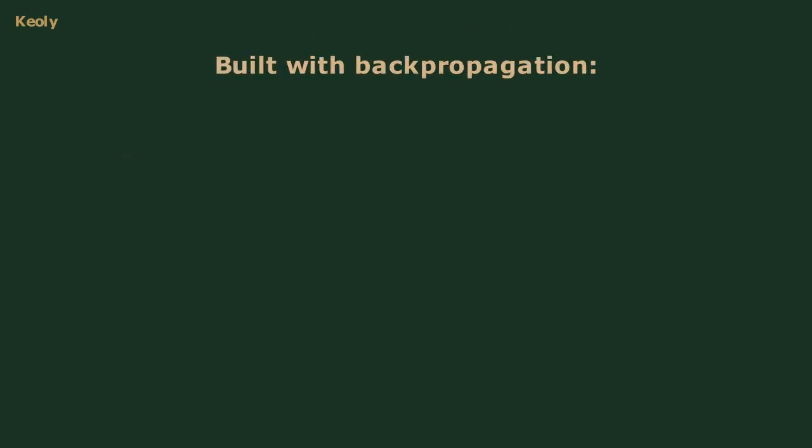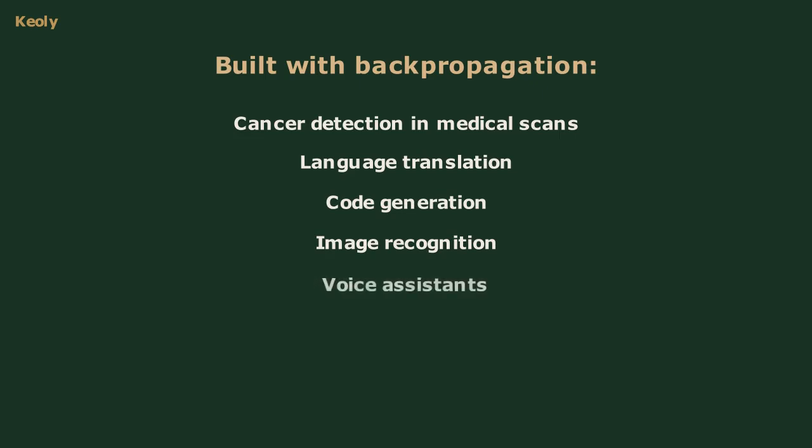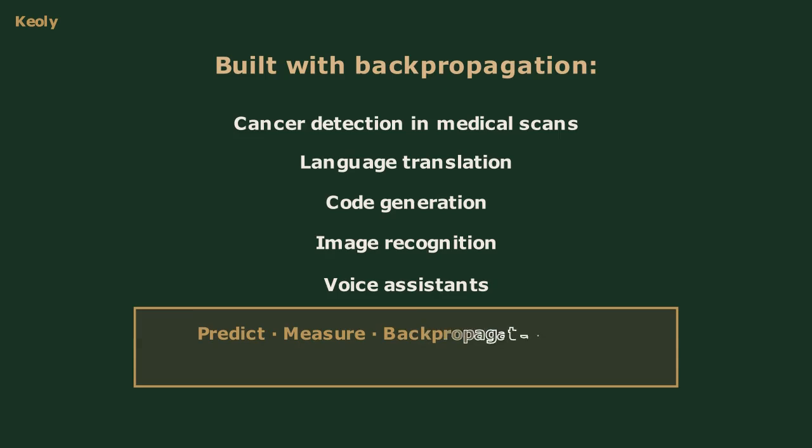Every modern AI system you use was built with some version of this algorithm. The network that detects cancer in medical scans, the model that translates between languages, the AI that writes code. All of them learn through the same fundamental loop: predict, measure, backpropagate, update.